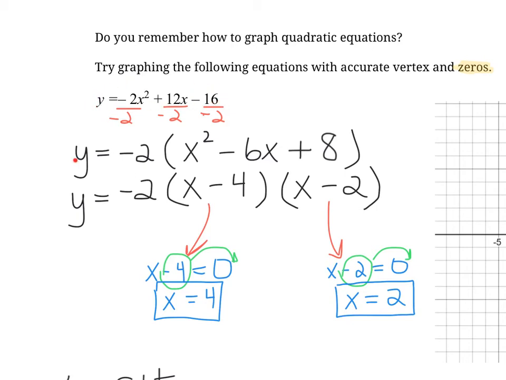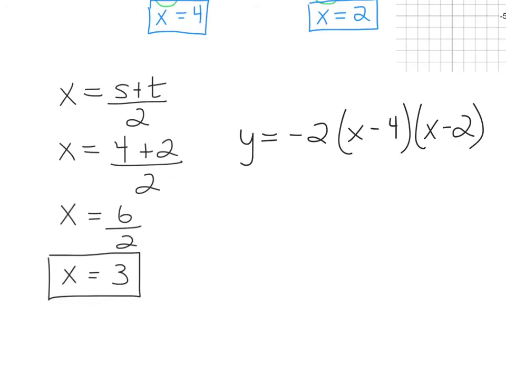You could plug it back into our half-factored equation, or you could plug it into the final factored form of our quadratic equation. It doesn't matter which equation you choose, you should get the same answer regardless. So I've chosen to plug in my x value into the fully factored form of our equation.